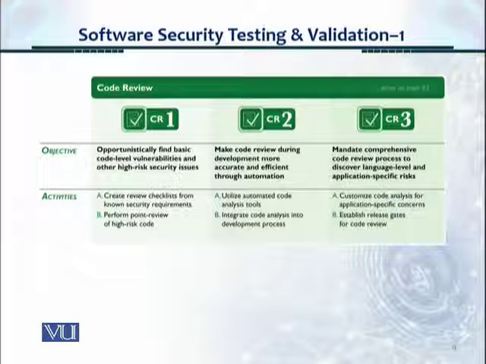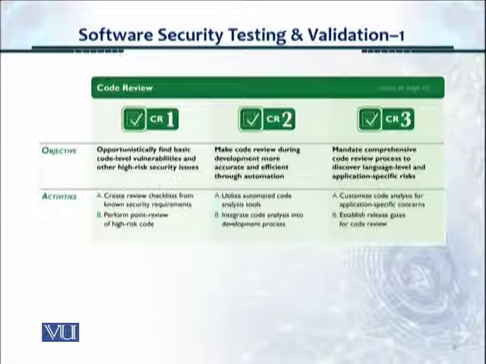So you start using some tools and utilize automated code analysis tools and integrate code analysis into the development process. Then finally, the third objective is mandate comprehensive code review process to discover language level and application specific risks, because those are always different whenever you have a different language or platform, and customize the code analysis for application specific concerns. And the second activity is establish release gates for the code review.